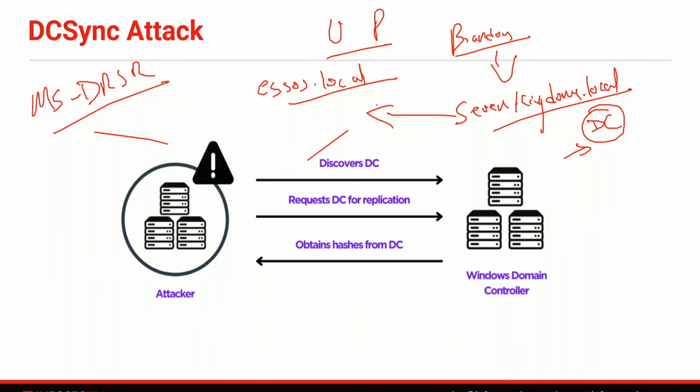For that, you will need an account in this domain which will have replication permissions. Then I will send the replication request to another domain controller. It will respond with sensitive data and then you crack them offline. So that is a DCSync attack. It just depends on whether the account that you have has those privileges or not.